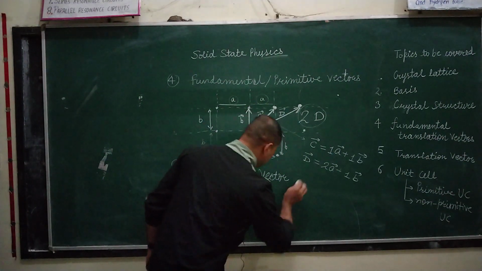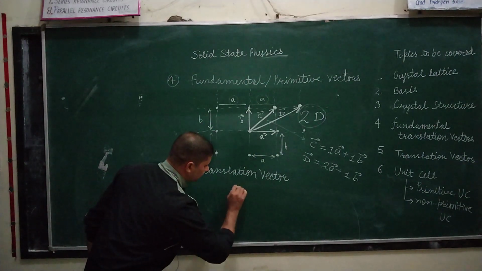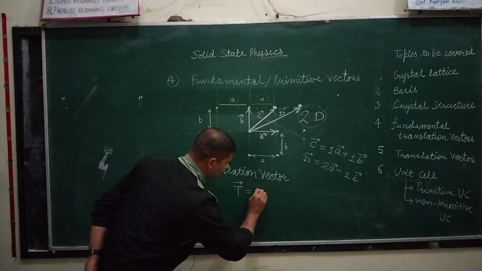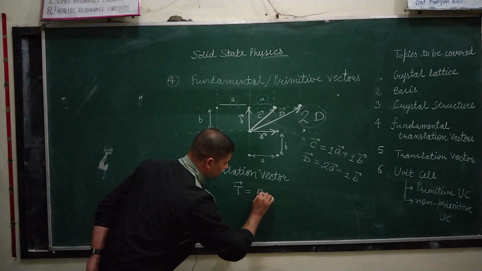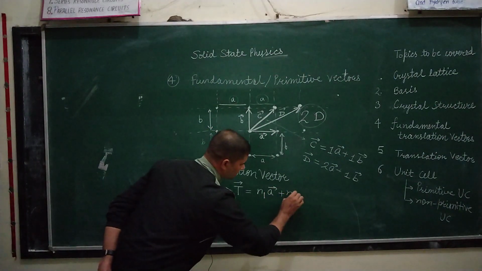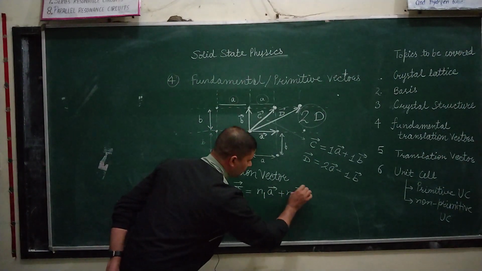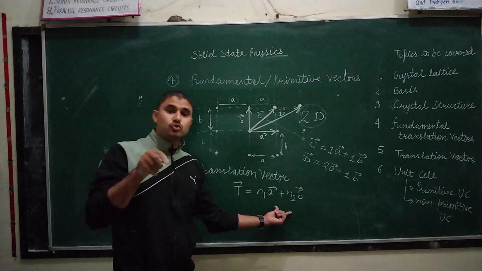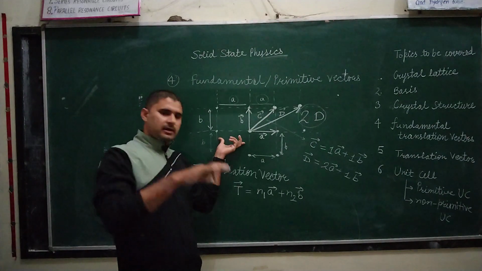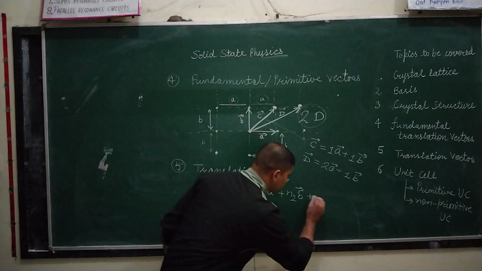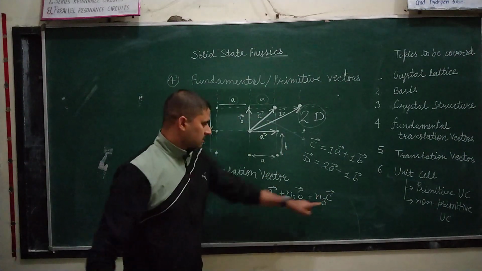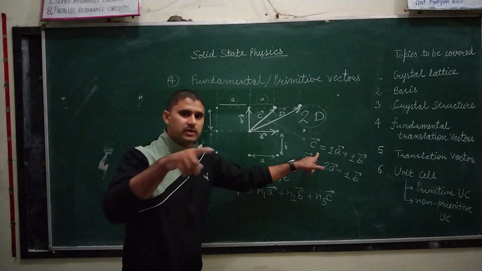It is represented by T. Vector T is equal to n1 times vector A plus n2 times vector B. This is for 2D. If we have the lattice arrangement in 3 dimensions, then I will write one more term, n3 times vector C. This vector C and the earlier vector C are two different things.